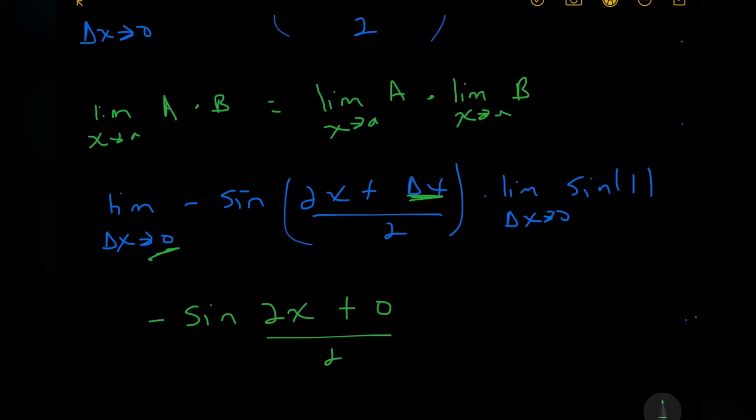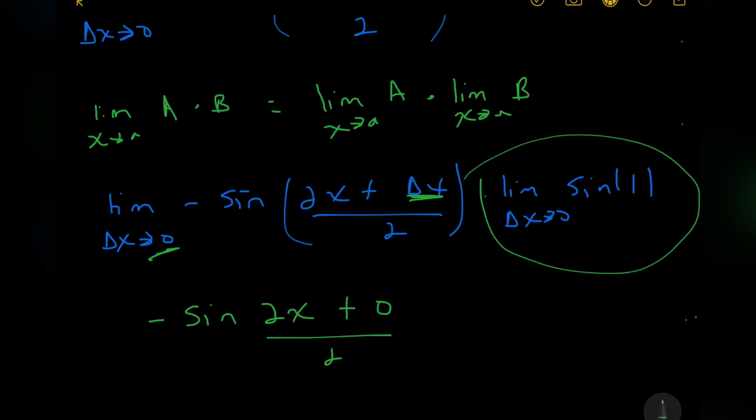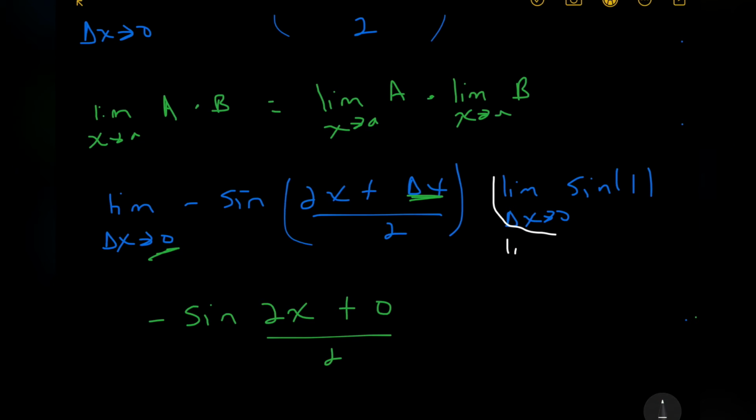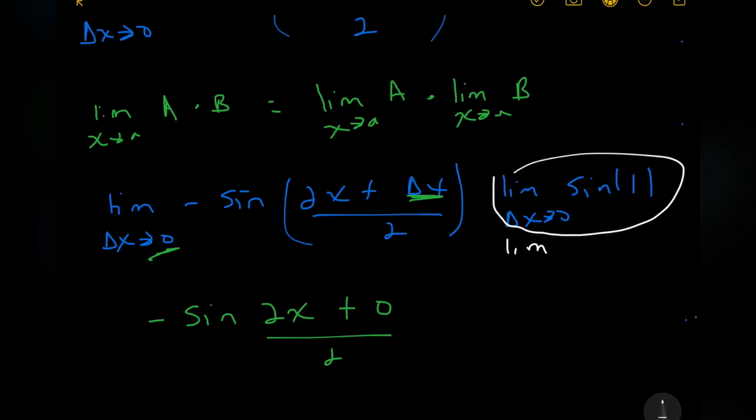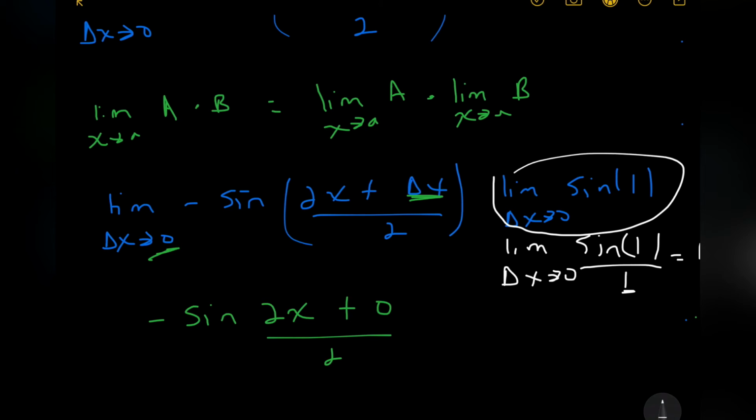For our second function, sine delta x over delta x, we can rewrite all of this as the limit of sine delta x over delta x, as delta x approaches 0. And we learned that sine of whatever over the same thing is equal to 1. So the limit of this is equal to 1. So let's put that there, and remember it's being multiplied.